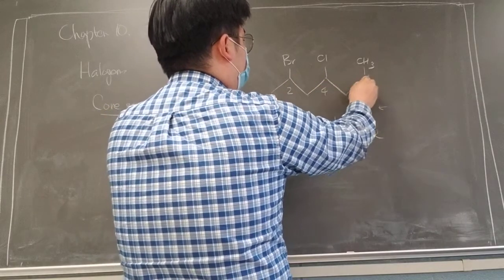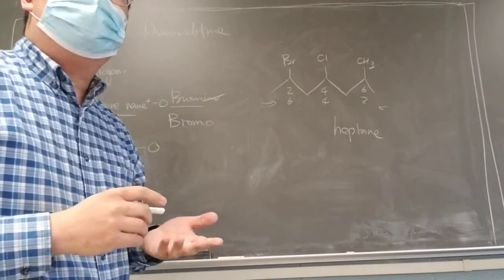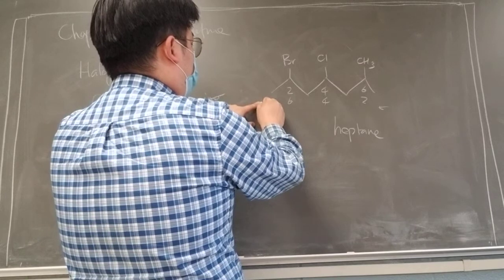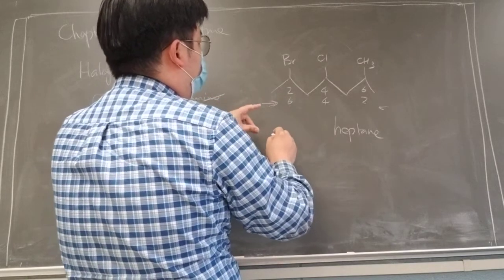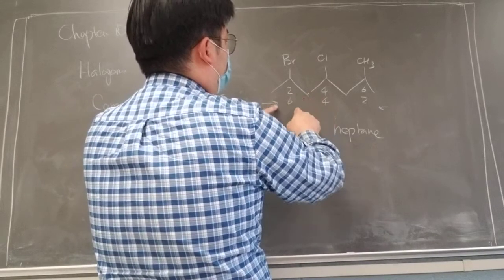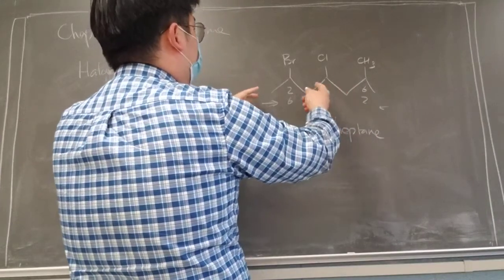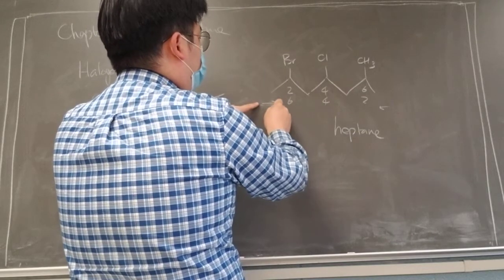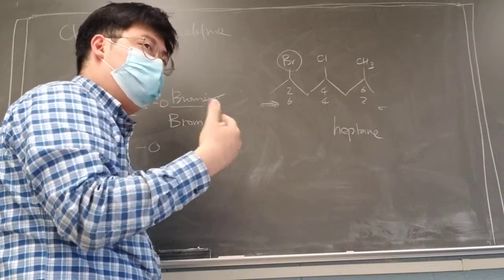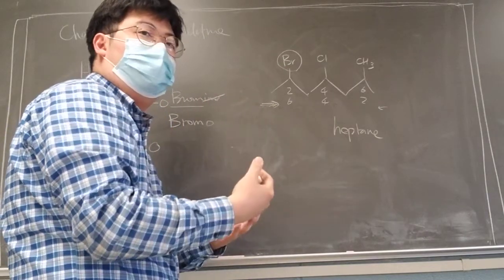In this case, I'm going to choose to count the carbon from left to right, because even though they share the same combination of numbers either way you count, if you count from here, the alphabetically prior group can have a lower number.